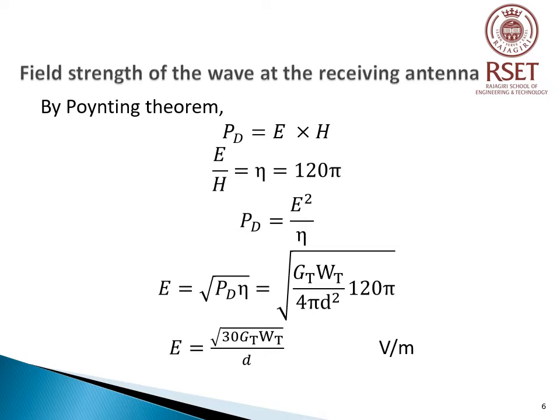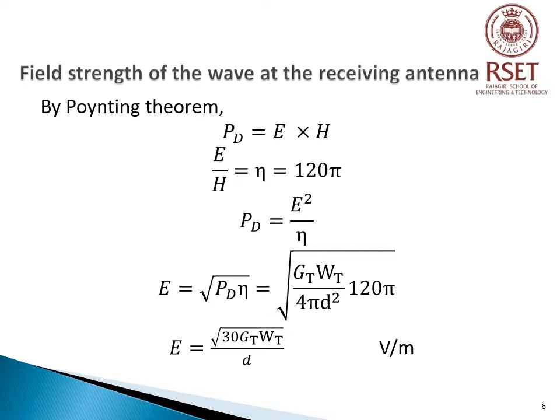It is often required to know the electric field strength of the wave at the receiving antenna. By Poynting theorem, we already know P equal to E cross H, and we know the relation between E and H. E by H is equal to eta, which is equal to 120 pi. Those two relations we already know. Therefore, we can write PD, that is the power density along the maximum radiation, PD as E square by eta, where E equal to root of PD into eta.